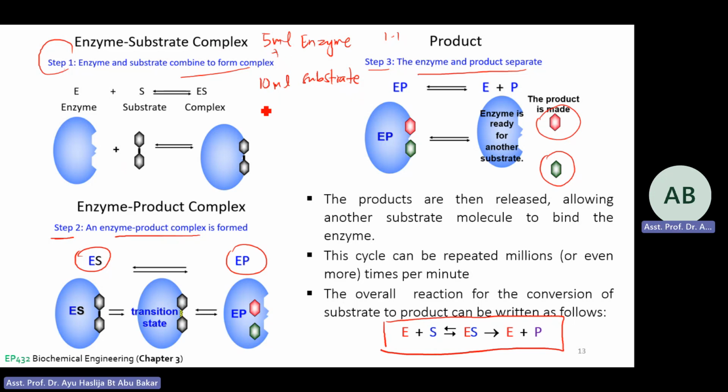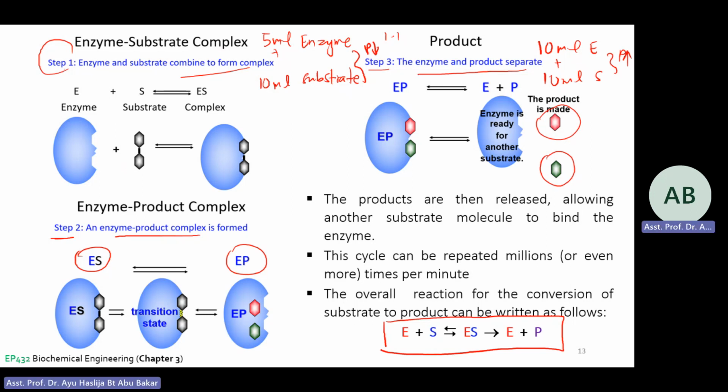Now here you have more substrate but less enzyme, so fewer active sites for the reaction to occur. But if you have 10 ml of enzyme plus 10 ml of substrate, an equivalent ratio of active sites, you will have more product over here, whereas here you will have less product.